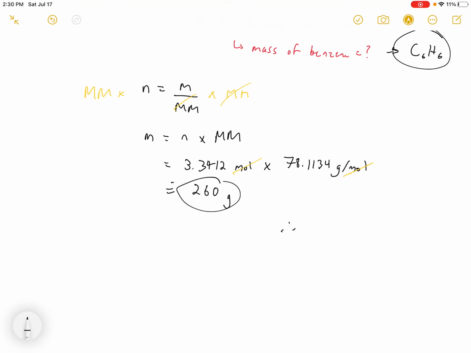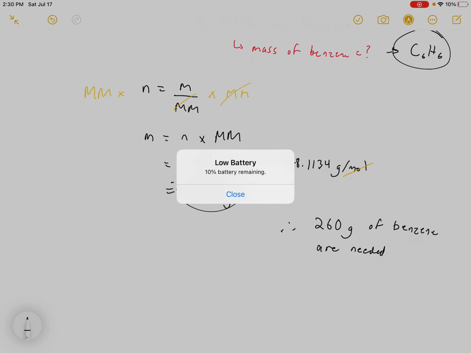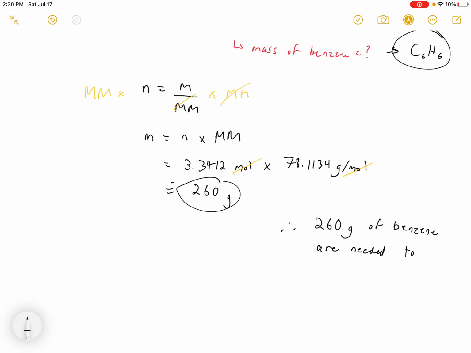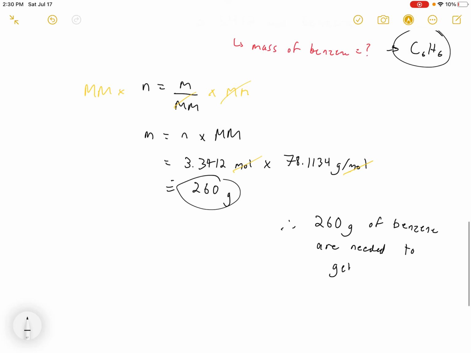So therefore, 260 grams of benzene are needed in the reaction to get 463 grams of sulfanilamide.